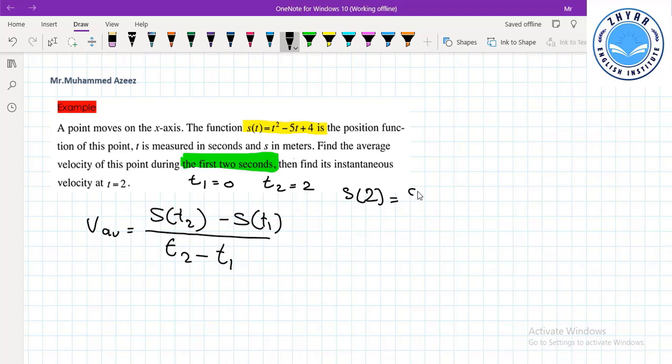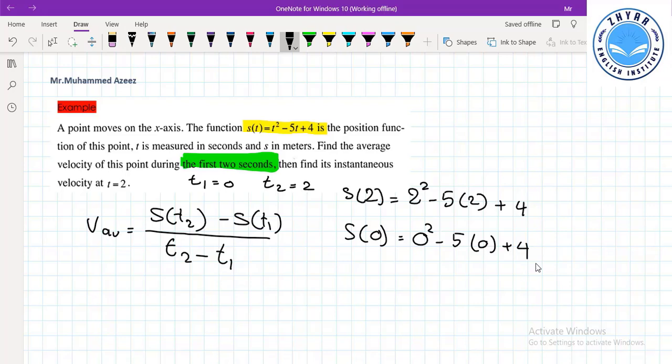is equal to 2 squared minus 5 times 2 plus 4. And s of 0 is equal to 0 squared minus 5 times 0 plus 4. 2 squared is 4 minus 5 times 2 is 10 plus 4.